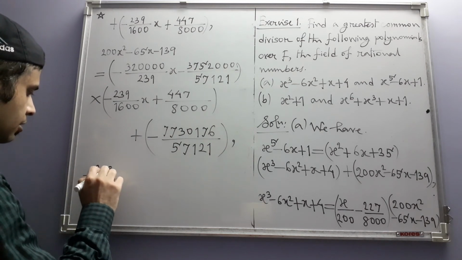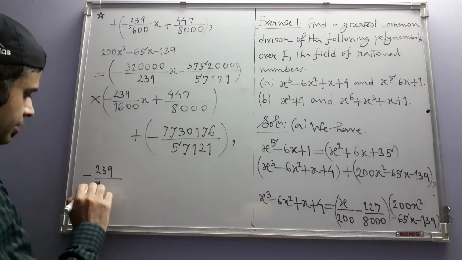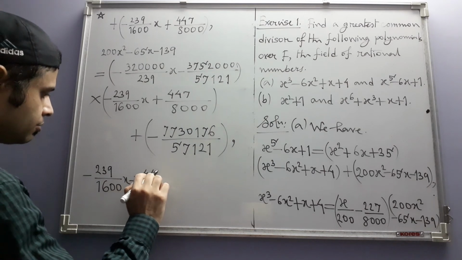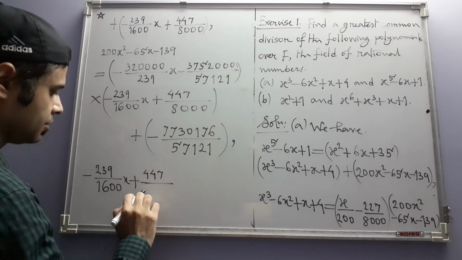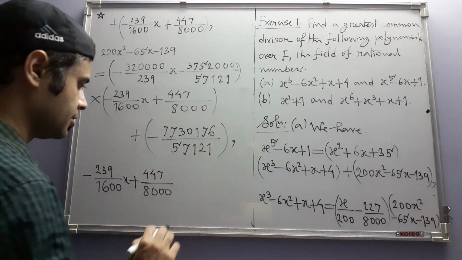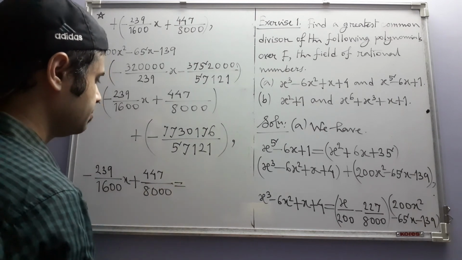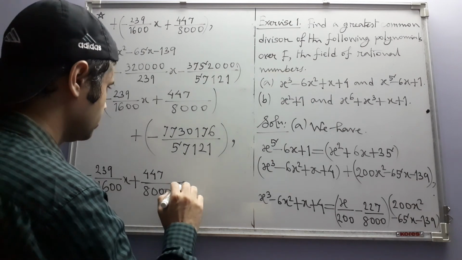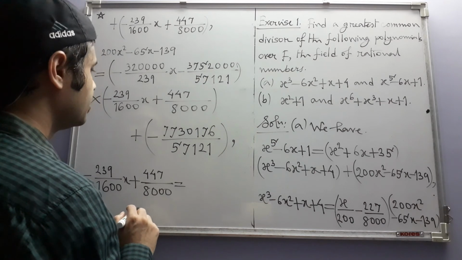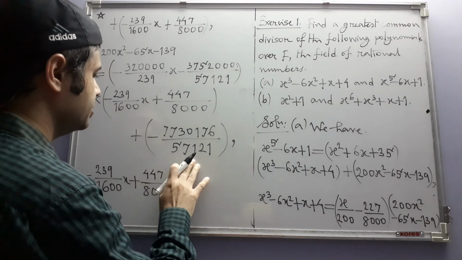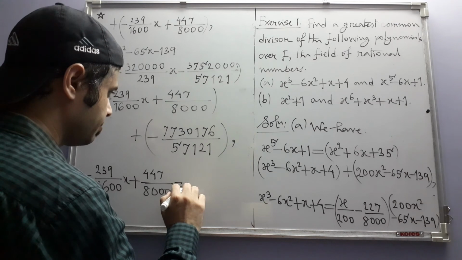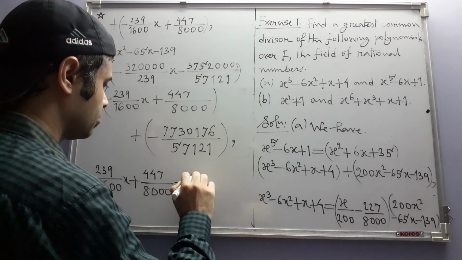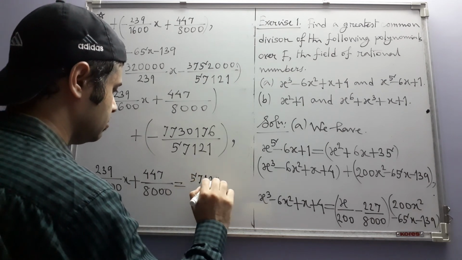Minus 239 divided by 1600x plus 447 divided by 8000 is equal to, okay, what should I write? I am dividing by this, no? So I have to write the quotient, and the quotient is this, 57121.